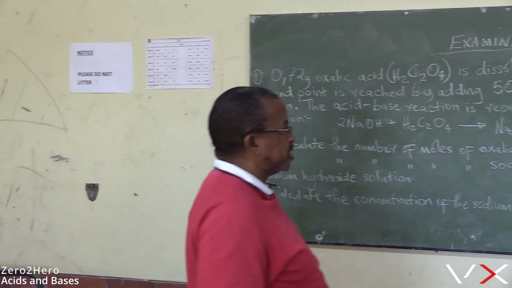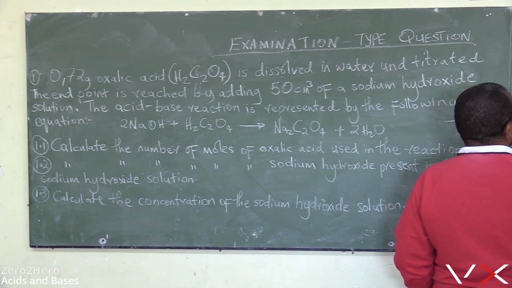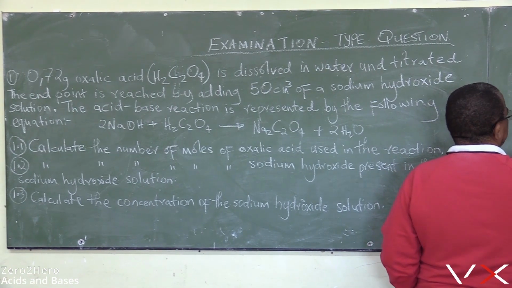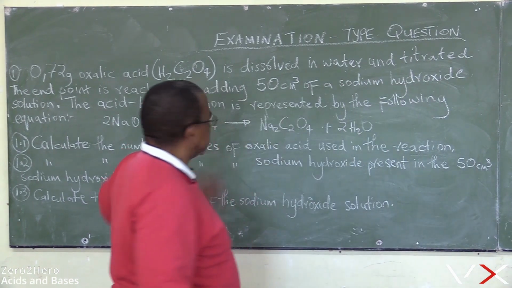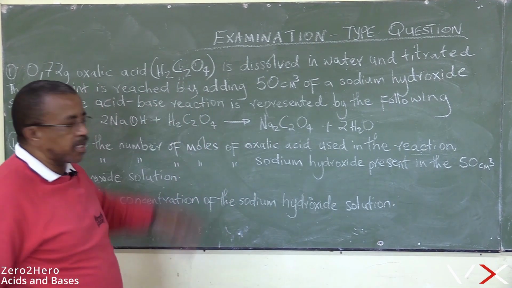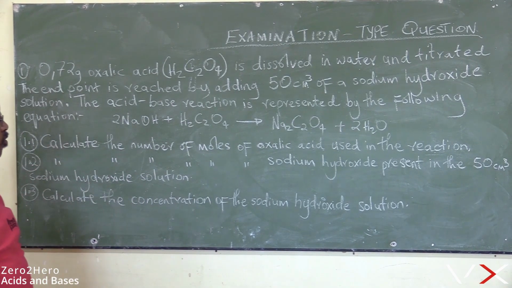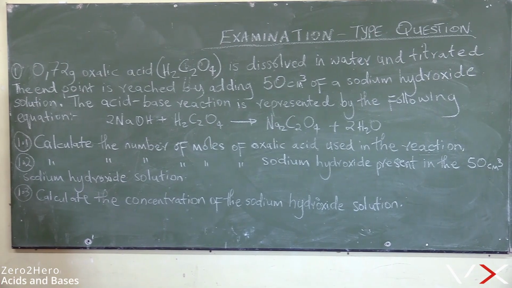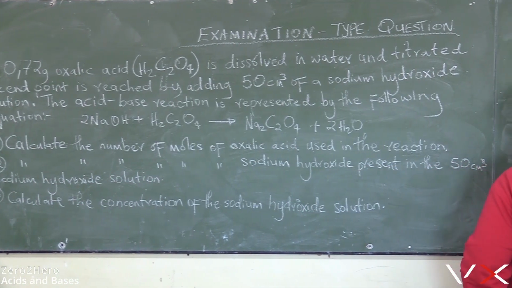I-oxalic acid yona empeleni COOH in brackets 2. So nansi futhi ibhala kanjena futhi as H2C2O4. So we have (COOH)2, ibizwa kuthiwa this is oxalic acid.